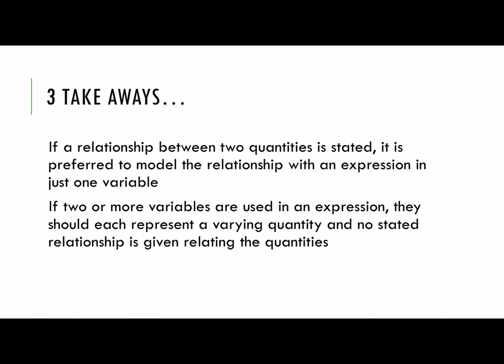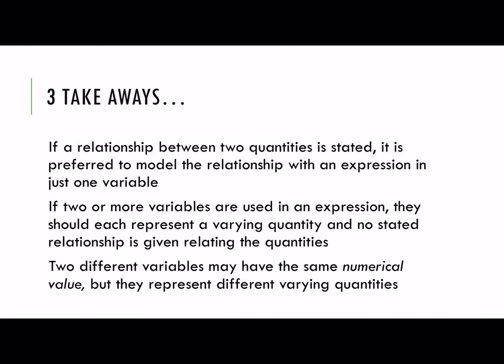And when there's no stated relationship given relating the quantities, that means that when I didn't have any apples at the end of my shopping trips, they could be any number. But when I did have 9 apples at the end of my shopping trips, it restricted the number of apples in possible situations.